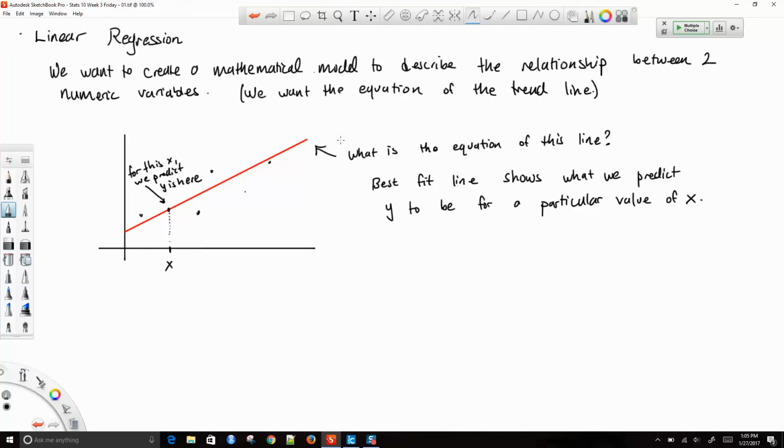And because the equation is a straight line, we would say y, and we put a little hat over this. This is called y hat. It represents our prediction of y.